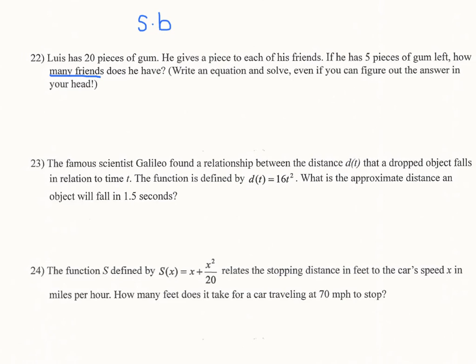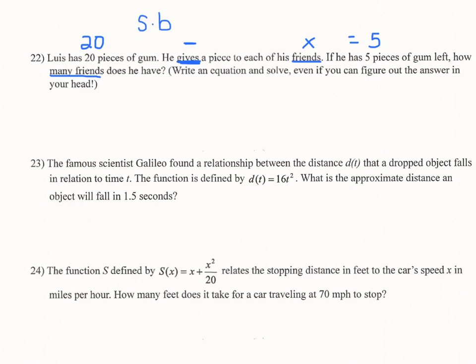I want to know how many friends he has. So in my equation where I see his friends, I'm going to make that my x. And I know he's starting with 20. And if he's giving away his gum, he's subtracting it. So he's starting with 20, he's giving away gum to x friends, and then he has 5 left over. So that's going to be equal to 5.